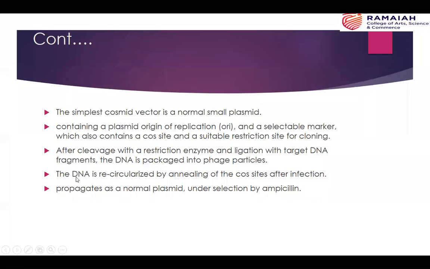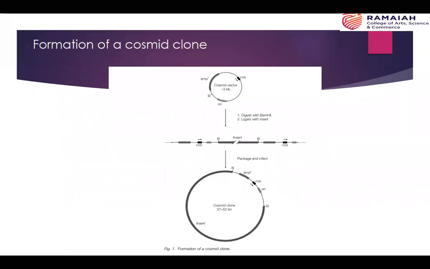After the packaging, when you allow the infection to take place, the DNA gets recircularized by annealing of the cos sites. Then once it gets recircularized in the host organism, it propagates as a normal plasmid under selection by ampicillin. So let us see the pictorial representation here to make it clearer.